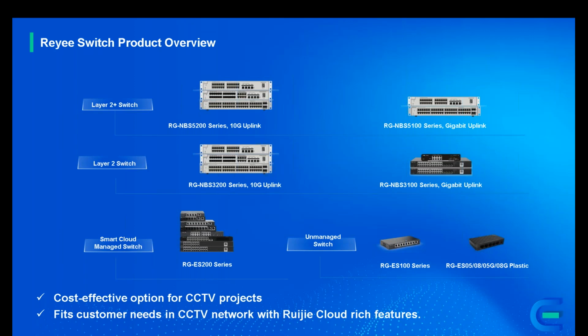We have layer 2+ switches with 10 gigabit interfaces, or layer 2 switches, or the managed series switches, that is the ES200 series, or we have the cheaper option, the unmanaged switches, for all your deployments.